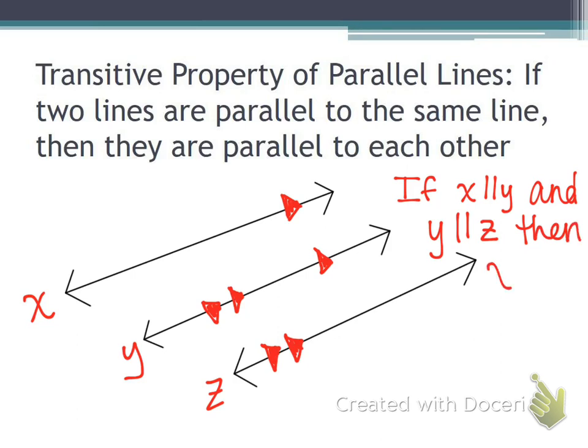X is parallel to Z. Okay, it should remind you of the transitive property. If two lines are parallel to the same line, they are parallel to each other.